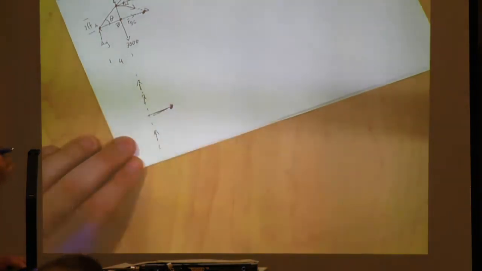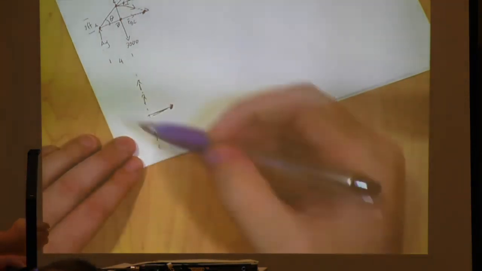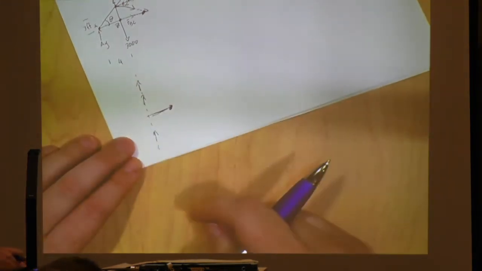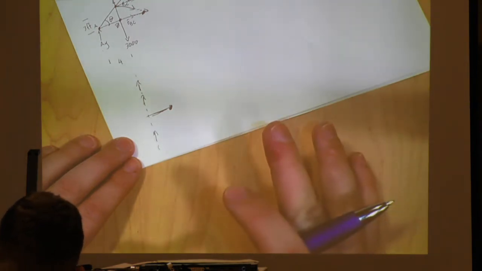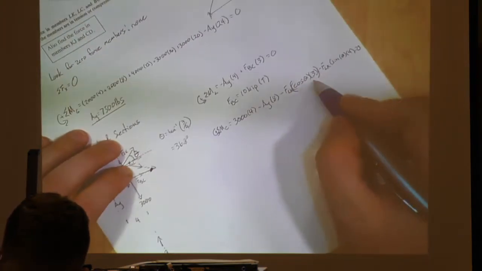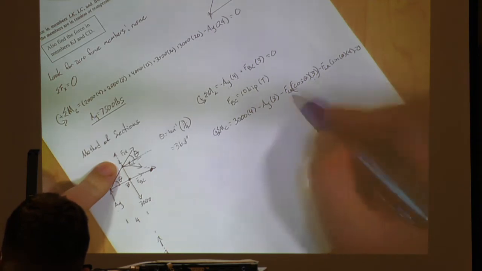It doesn't matter. The perpendicular distance does not change, so therefore the moment does not change as long as the force does not increase. Does that make sense? Is that confusing to anybody? No? All right. So I separated it up, FLK, into x and y components. And that's what I did there.